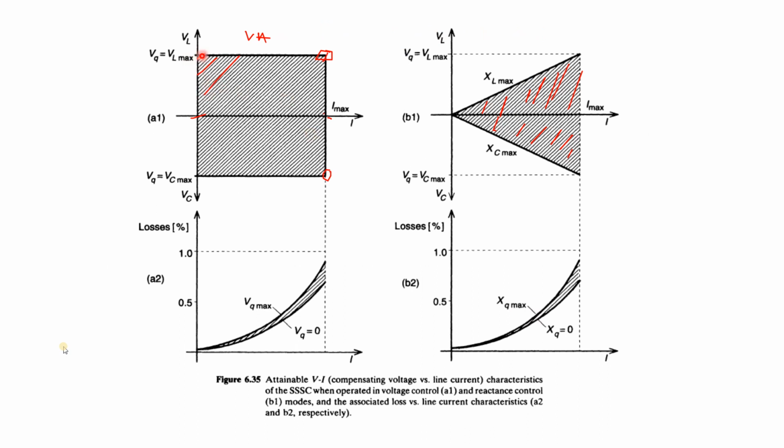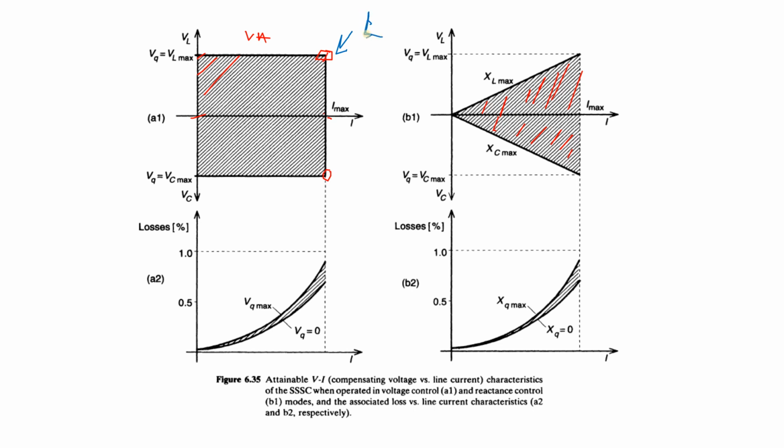So the per unit value of the rating: we are talking about VQ max into I max. This is the maximum power. Maximum VA rating of what? Maximum VA rating of the SSC for the inductive mode, and this is the maximum VA rating of the capacitive mode.